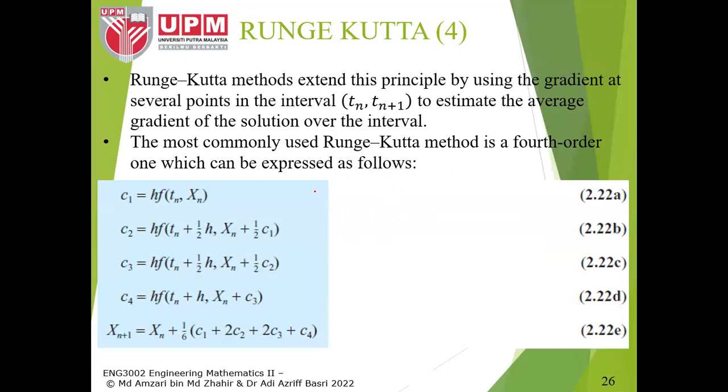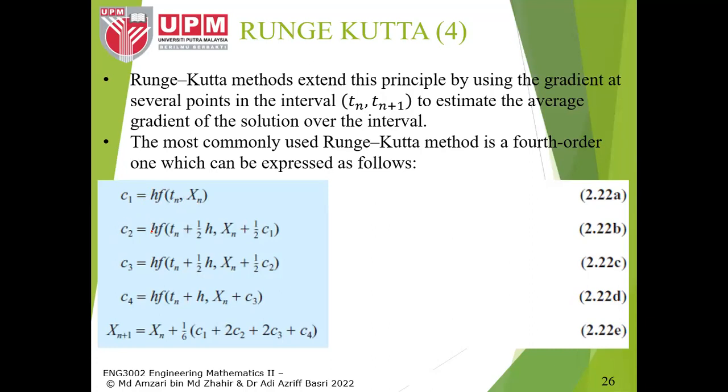What is the summary of the Runge Kutta method? It extends the principle by using the gradient at several points, in order to estimate the average gradient of the solution. The most commonly used Runge Kutta method is the fourth order. In order to calculate this Runge Kutta, you need to use this calculation. You should have C1, which is H, the time step, times the function of the initial values Tn and Xn.